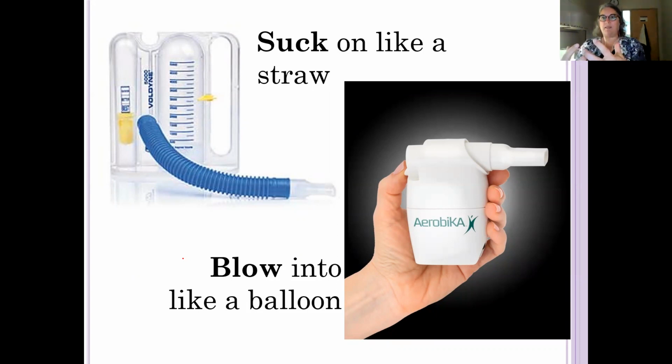So if we can get big, deep inspirations like you can get by sucking in a straw, by playing vacuum with that incentive spirometer, that will help keep the lungs open and prevent atelectasis. And then this expirometer helps to push out air as well. So both of these pieces of machinery help to enhance breathing and give the client a visual about how well their lungs are working.